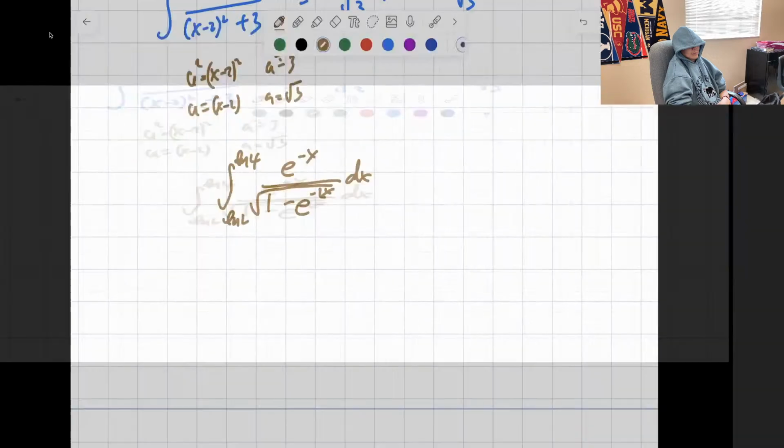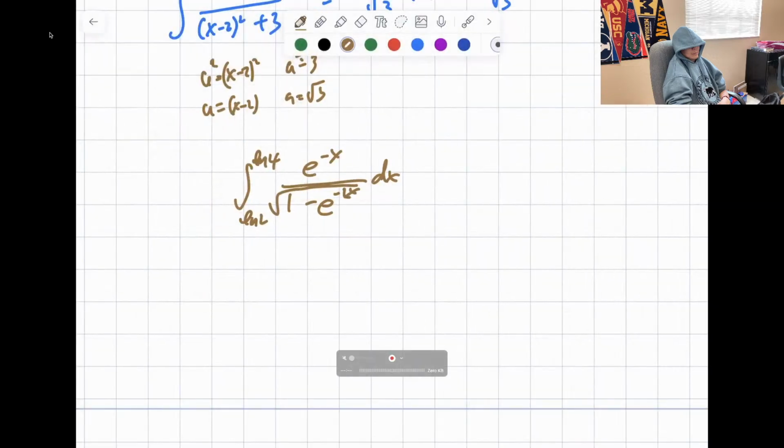So negative 2x. Use... I could use negative x. Yeah, but it would be negative u. Okay.